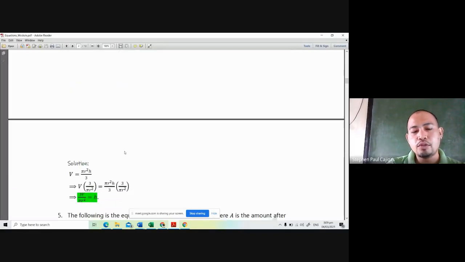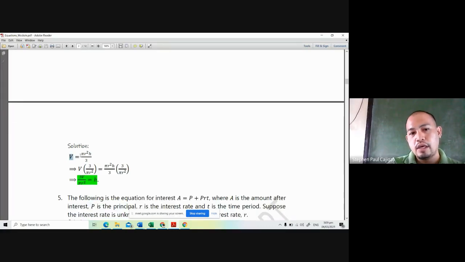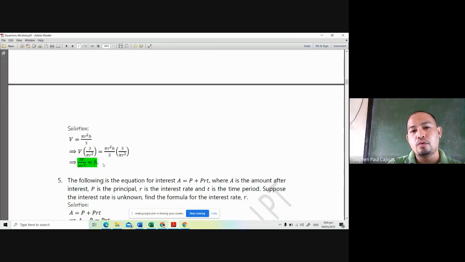Tapos iton iya gusto yan na kay is i-express iton formula wherein we are going to solve for the height kung given iton volume and iton radius. So this is the process that we do when we are going to manipulate the formula. So in here na kung gin-multiply na 3 over pi r squared, this is simply the reciprocal hiton coefficient iton r squared.